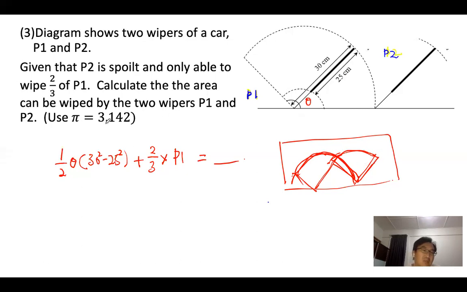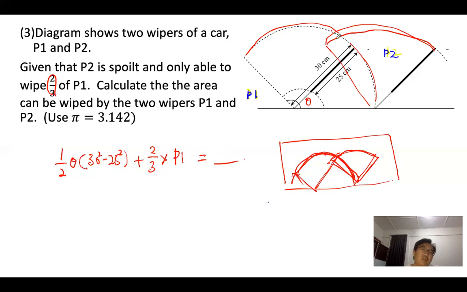So it's not so correct if we ask how to find the total area covered by the two wipers. But here the case is they said 2 over 3 of P1. That means it may not overlap the area here. If you think about it, it'll not be so accurate if you plus it together.